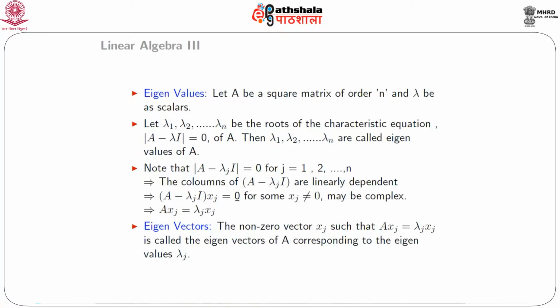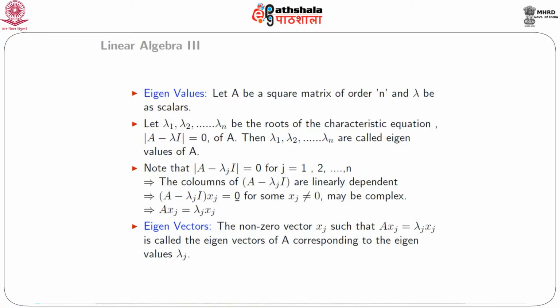Note that determinant of A minus lambda j I equal to 0 for all j, that is, the columns of A minus lambda j I are linearly dependent, implies (A minus lambda j I) times x j equals the 0 vector for some non-zero vector x j. x j may be complex, and that implies A x j is equal to lambda j x j.